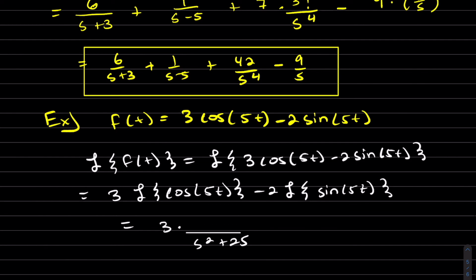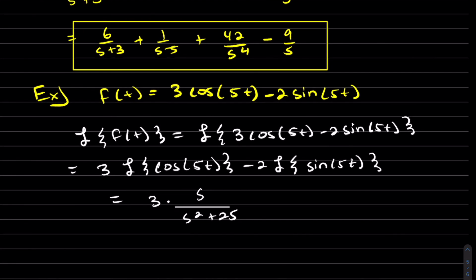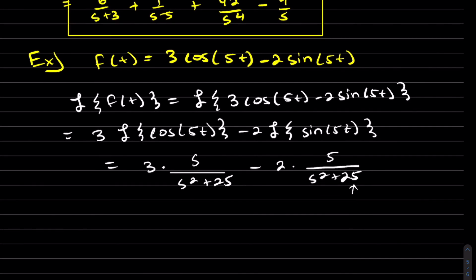The cosine has s on top. This is s squared plus 25. This sine has the square root of that, which is the 5 on top. So that becomes, with a common denominator, 3s minus 10 all over our denominator is our answer.